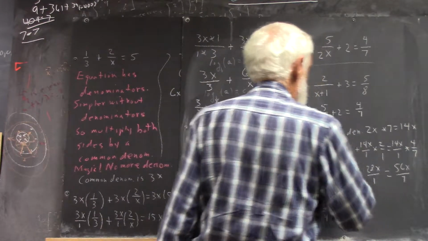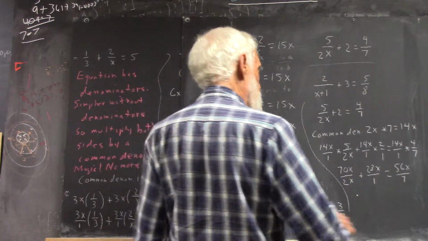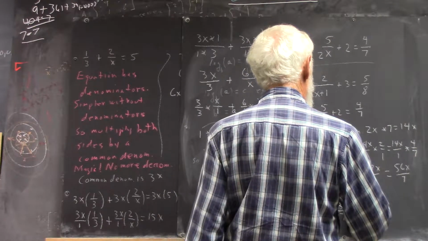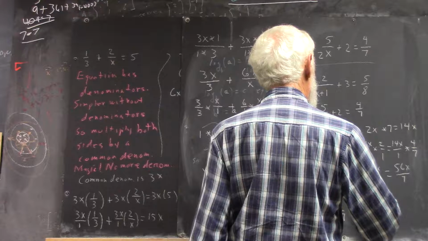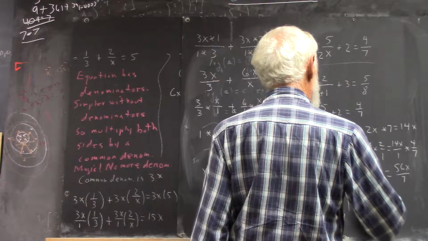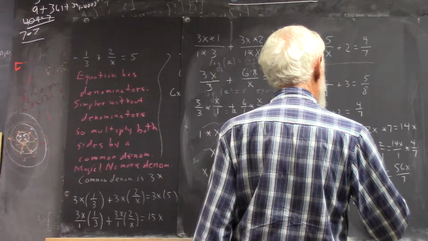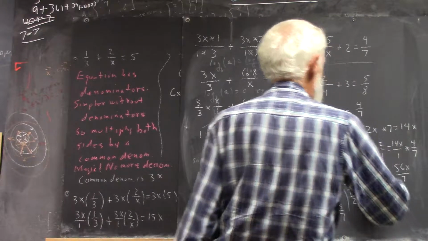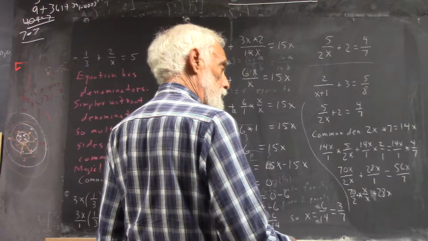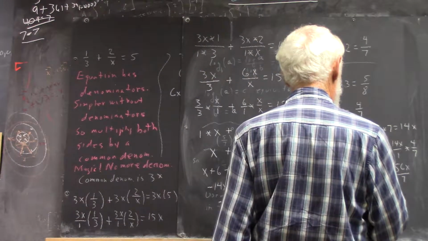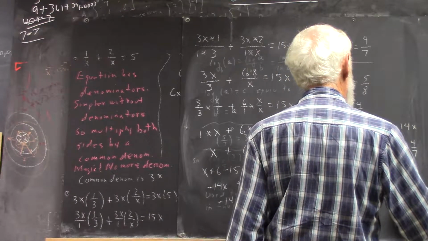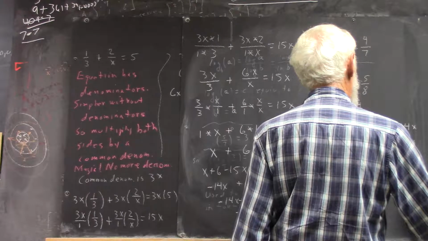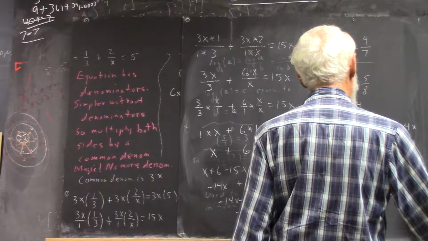So we do this, then we can write this as 70 over 2 times x over x equals plus, now I can, since I got the one denominator, I can just write 28x here, equals 56 over 7 times x over 1.